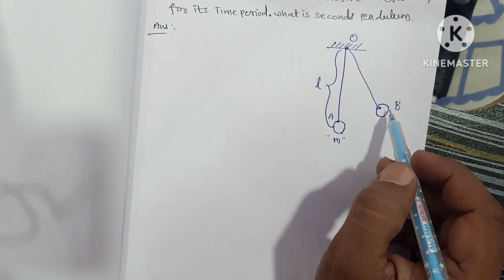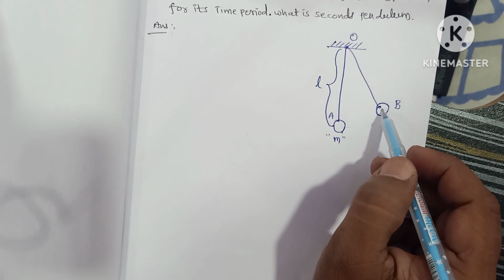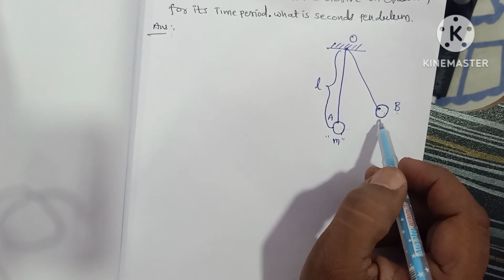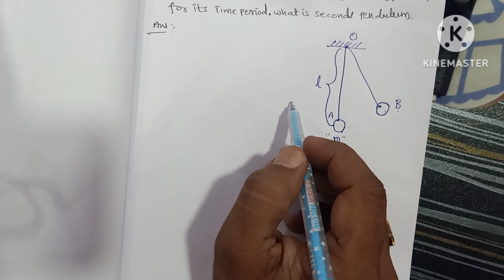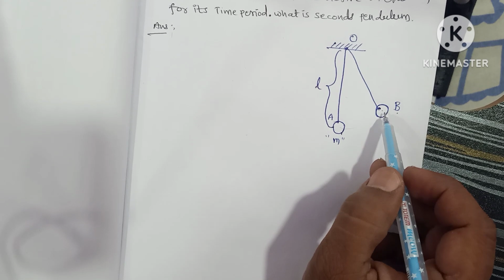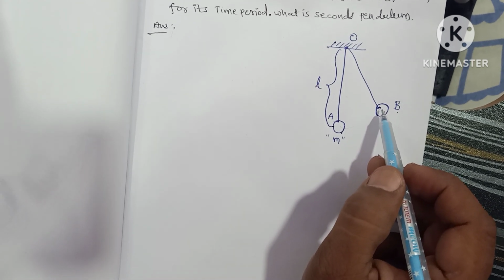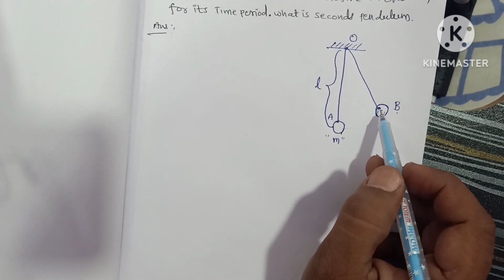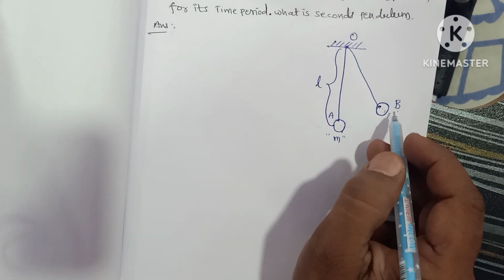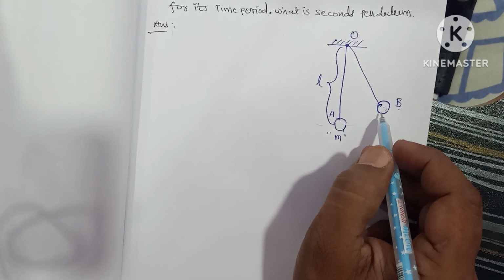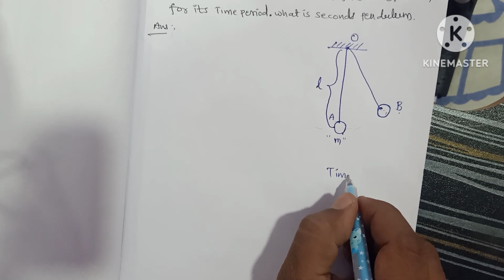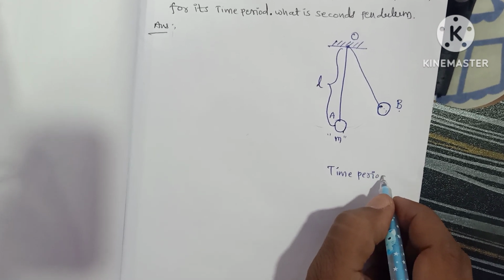If we drag the simple pendulum towards an extreme position like B and release it, then it oscillates towards the other side through the mean position, and again comes to the same point B. Then we say that one oscillation is completed. The time taken to complete one oscillation is called the time period, which is denoted by capital T.